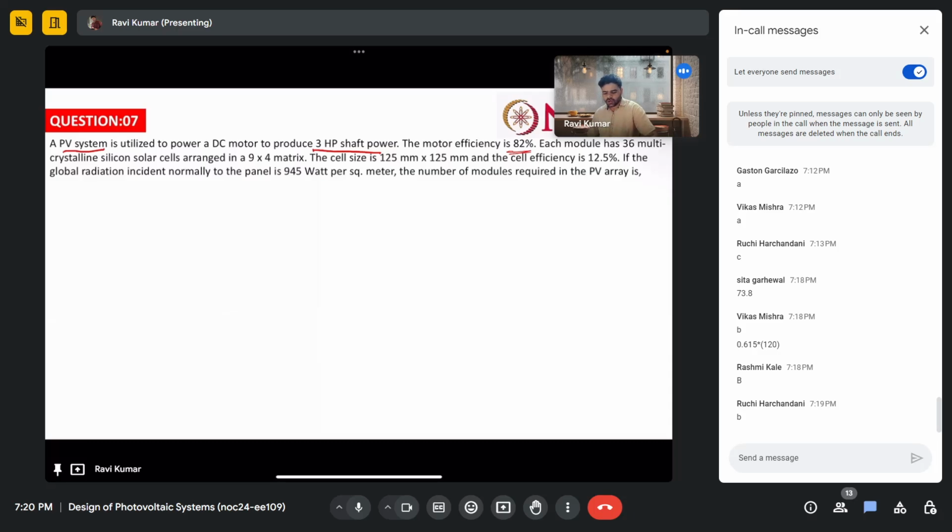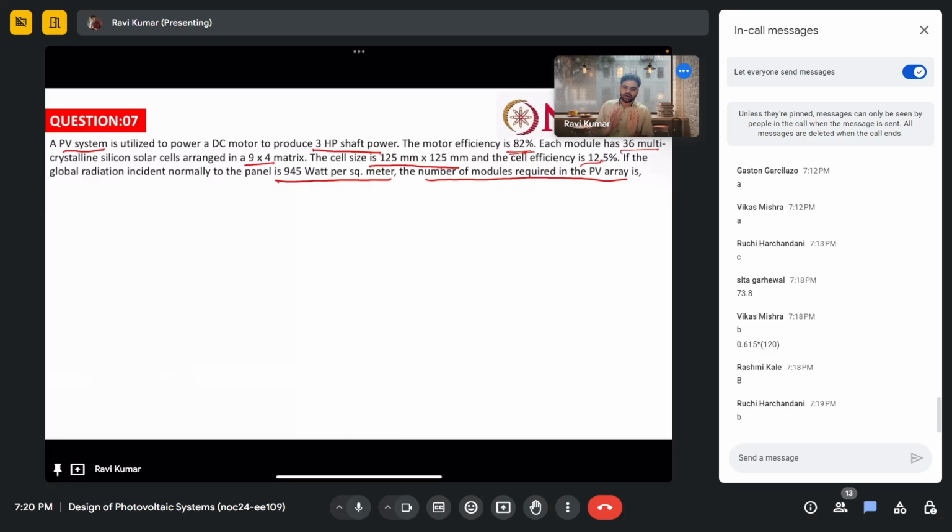And there is a module with 36 multi-crystalline silicon solar cells, having a 9x4 matrix arrangement. The cell size is this one. The cell efficiency is given. If the global radiation is 945 watt per square meter, you need to find out the number of modules required in the PV array. It means, let's assume this way.